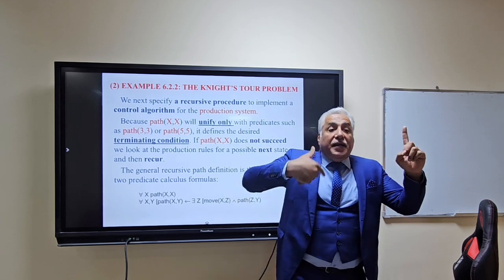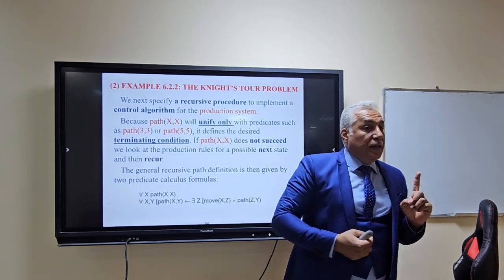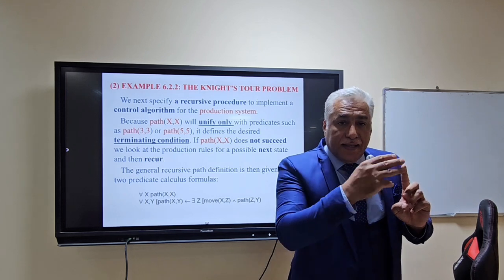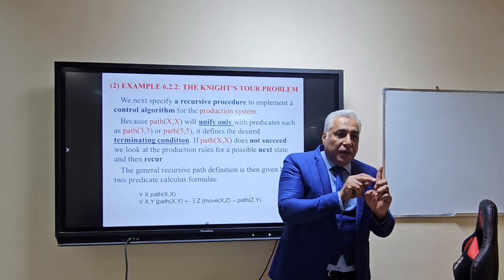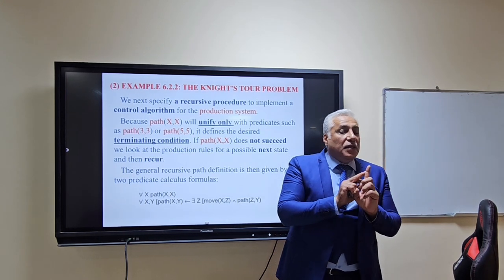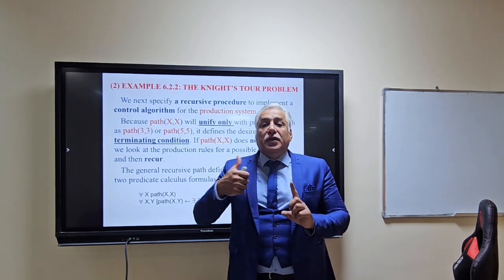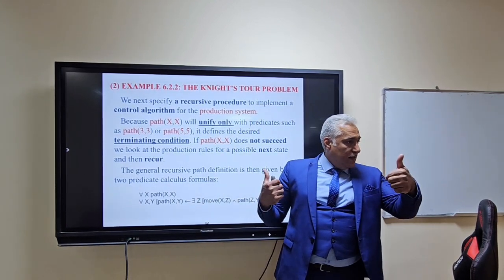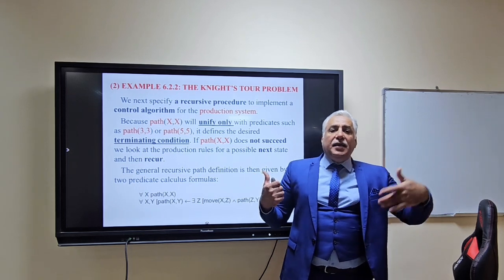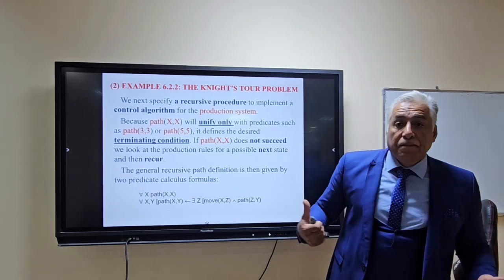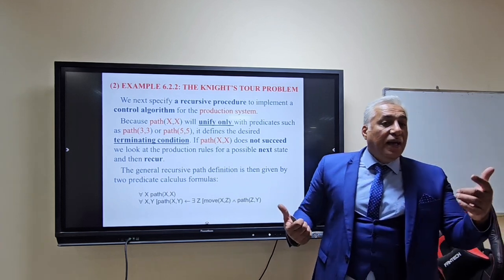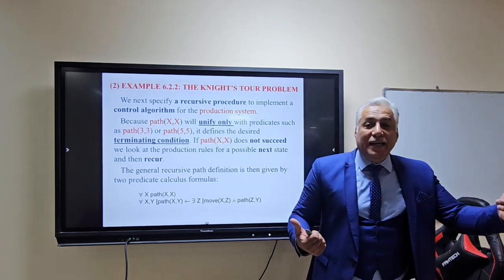Thus there will be recursion, repeating the operations and changing the first argument until I get the first argument equal to 9, because the first one is 1. I continue updating the rules, and I get X equal to 9.